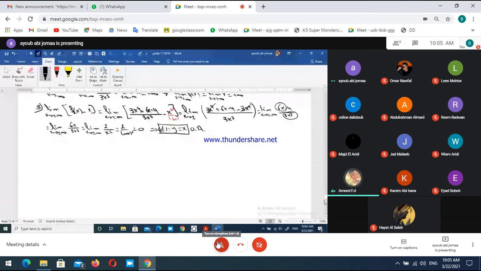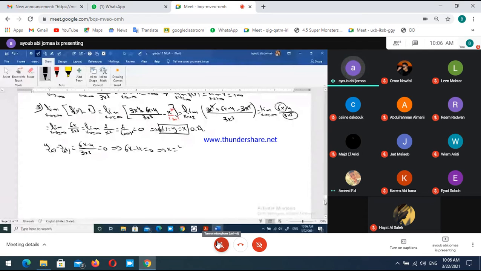Okay, we take the 6x minus 4 over 3x cubed. The relative position: yc minus yd, which is equal to this 6x minus 4 over 3x power 3 equals 0. Then 6x equal to 4, x equal to 4 over 6, which is 2 over 3. 6x minus 4 equals 0 and x is equal to 4 over 6, x equal 2 over 3.